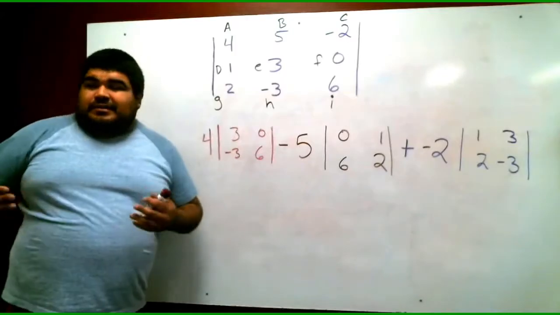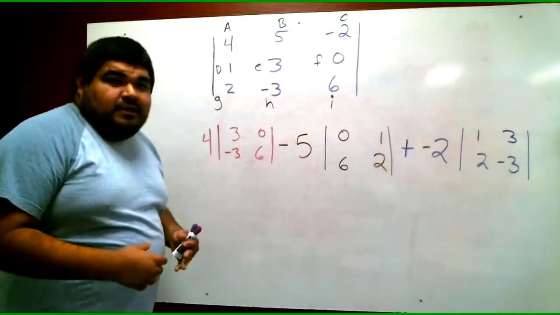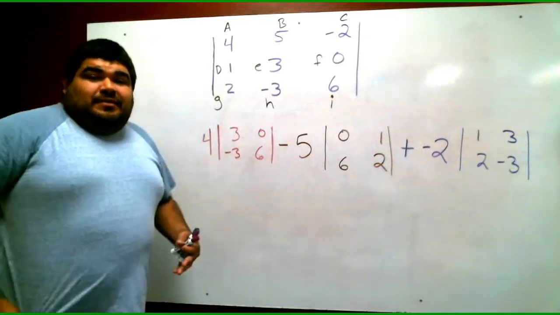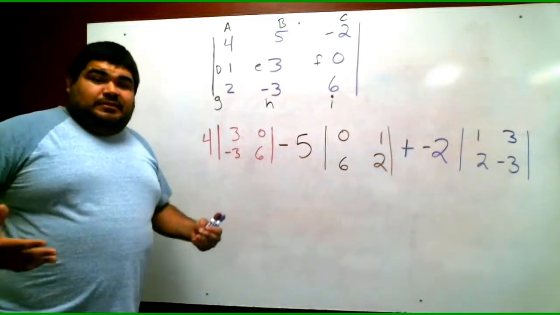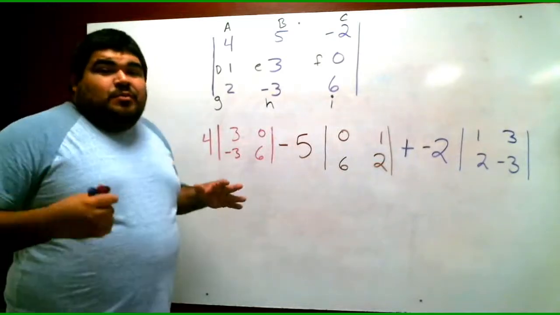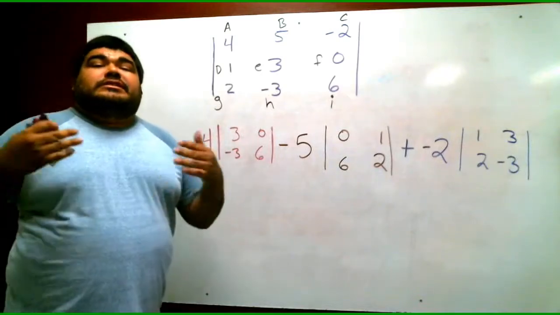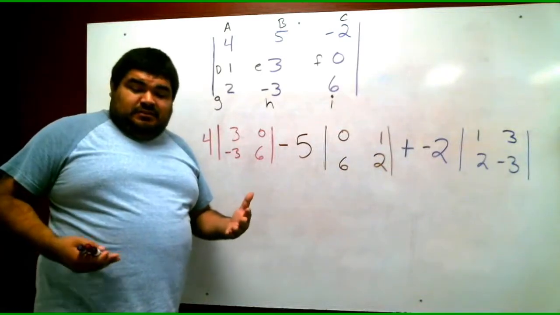Now that we have it written down, we can actually start solving, okay? This is why at the beginning of the video I said if you haven't watched the other video, it's going to be a lot more confusing to you. We are not multiplying the 4 to all these numbers on the inside. We're trying to actually solve this matrix, okay?